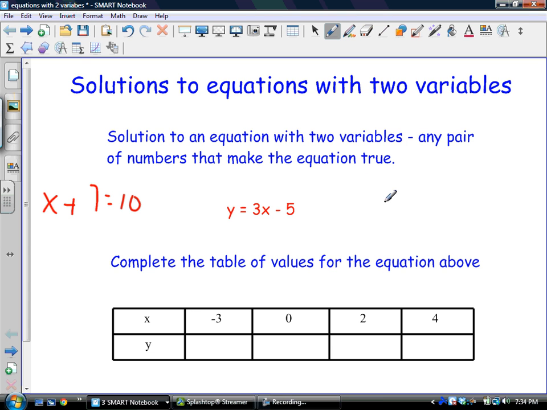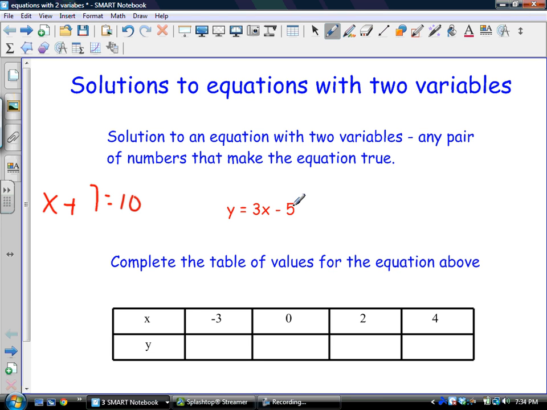Now, there's a slight difference between these. In the ones we did before, there was only one answer. 3 is the only number I can put in here and make this be 10. But in these ones, when we have two variables, there's actually an unlimited amount of possible answers. If I put in a 1 for the x, then I would have 3 times 1 minus 5. 3 times 1 is 3.